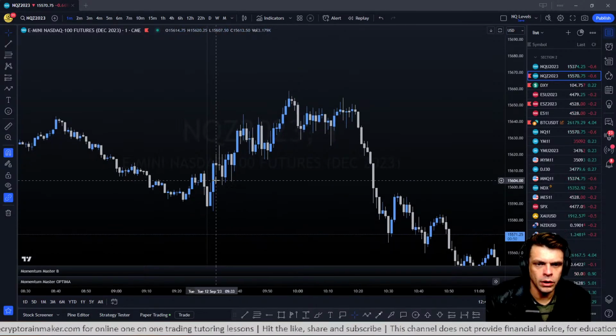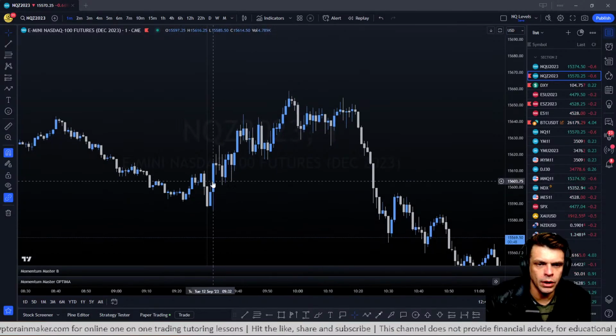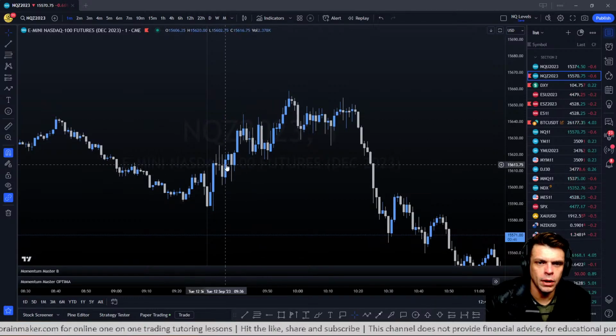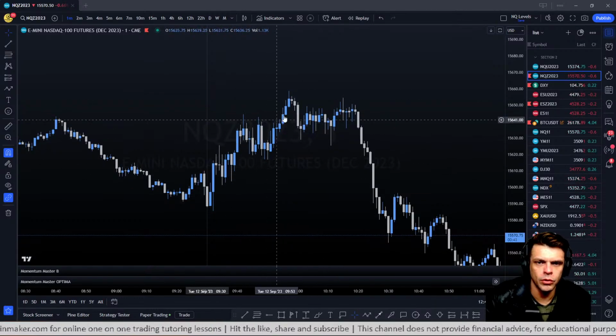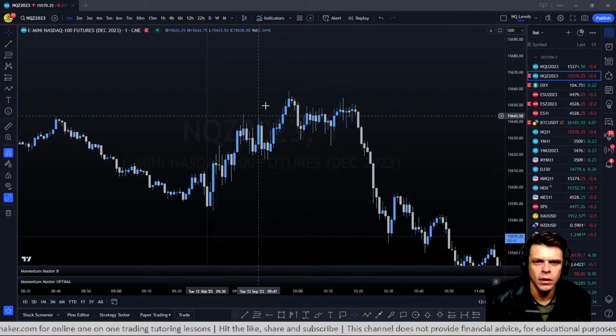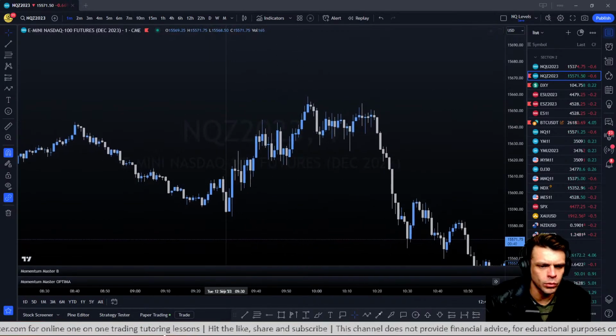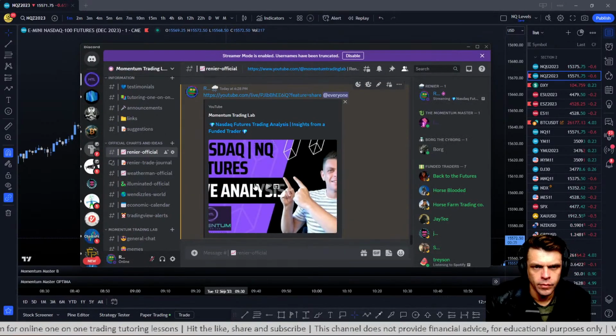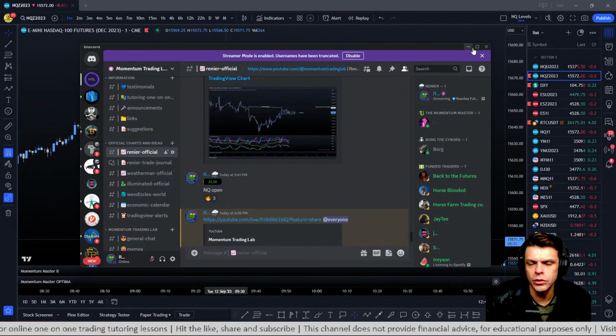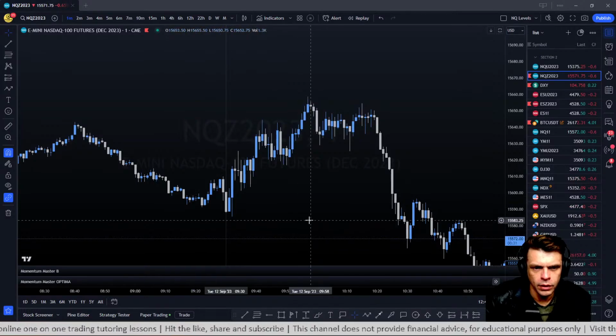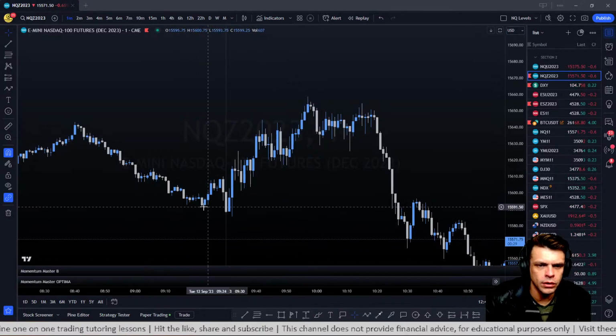So this was my only little trade for the day, was entering on this fair value gap, and then I played this little move, and then I exited somewhere around there for about 20 or 25 points. I just want to check in the Discord. For about 25 points, that little move. So why did I enter? There were these lows.